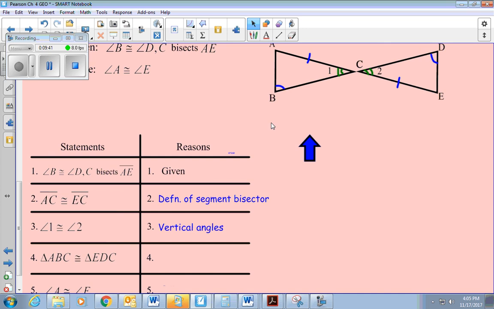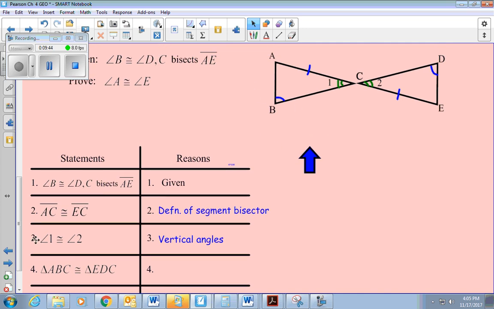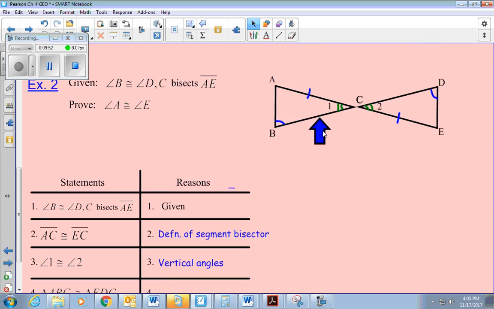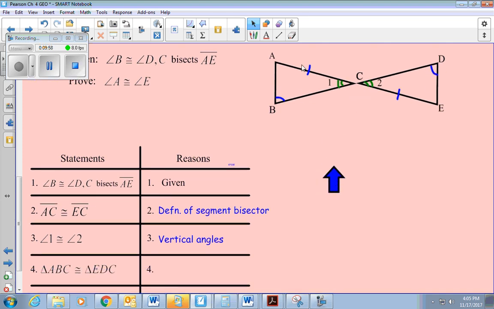Okay, now we can say that triangle ABC is congruent to triangle EDC by, we have an angle, next we have an angle, and lastly, we have a side.